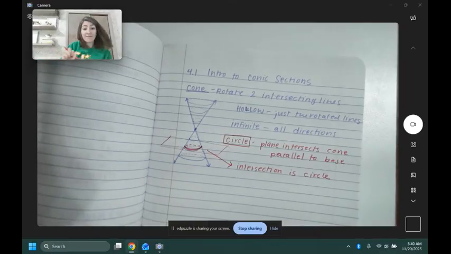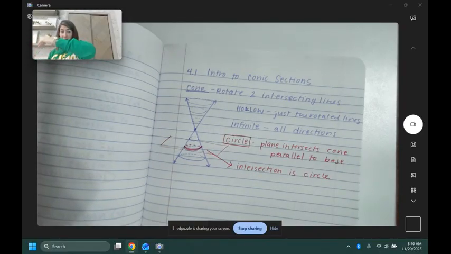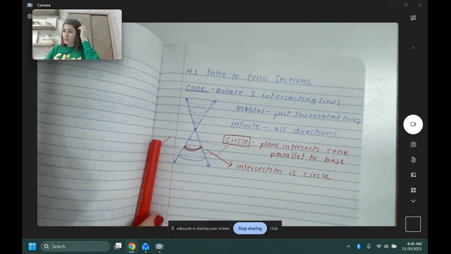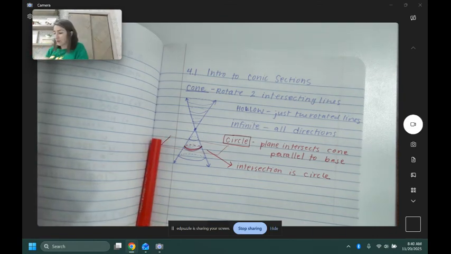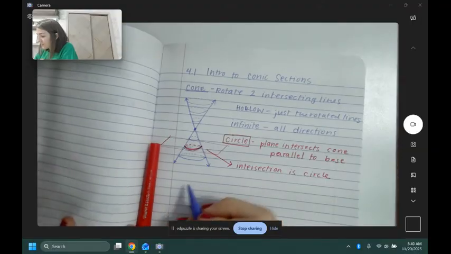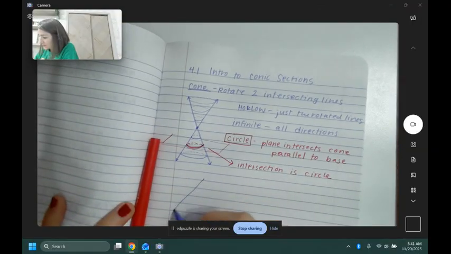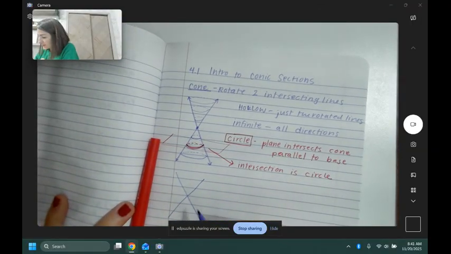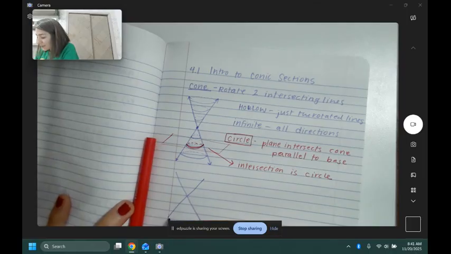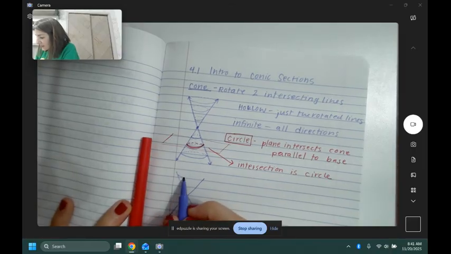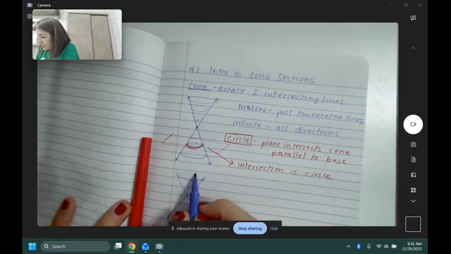Okay. Now, if I were to angle this piece of paper a little bit, I'm going to draw another cone. So two intersecting lines, rotate it around, right? This is the basic structure for the cone.